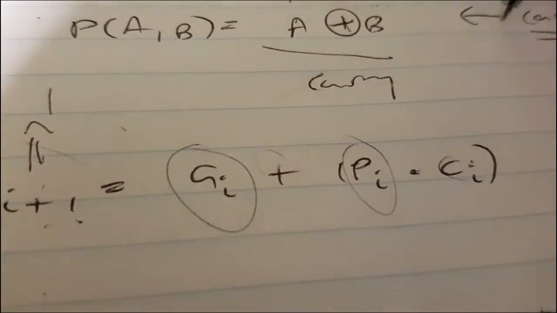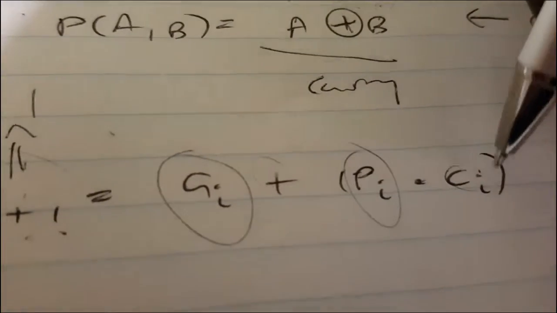So this says if there's a carry in of 1, then this whole block will generate a carry as well. So it's that or that.